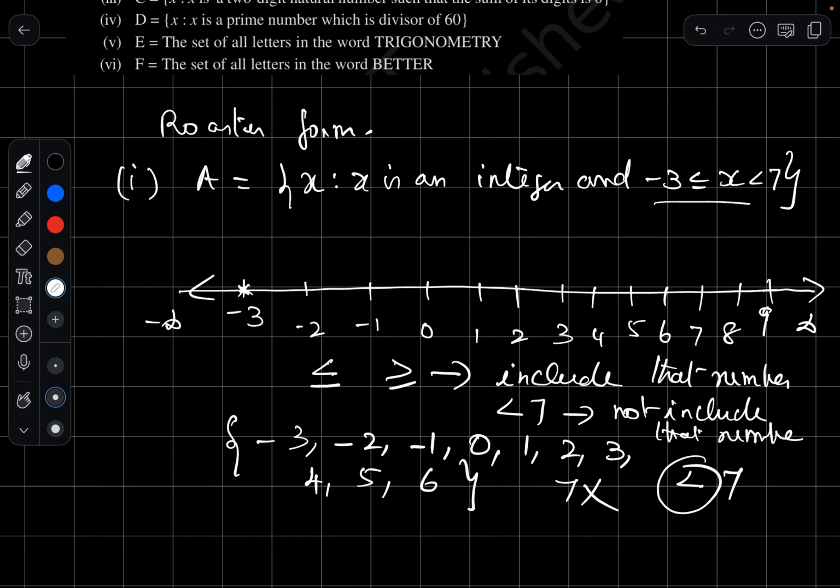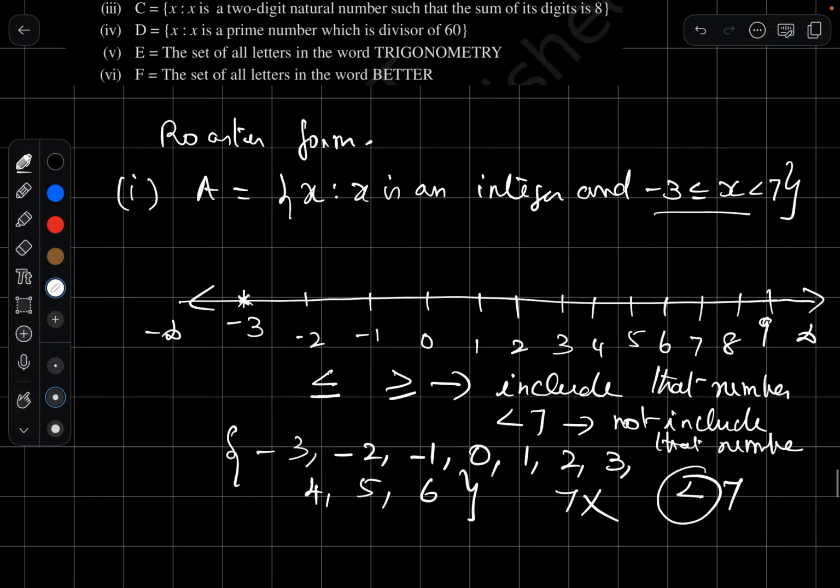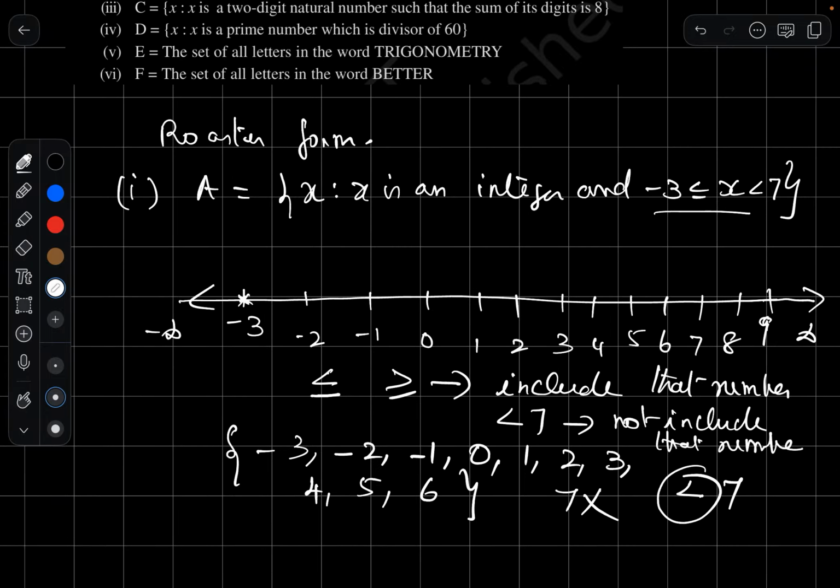To make it easy, I have given you the number line. If you don't want the number line, you can also do it directly. But if you use the number line, it will be easy for you to understand the elements, and you will not skip even a single element. Here at 7 you have the symbol less than 7, so I will put an open circle, whereas here I will put a shaded circle.